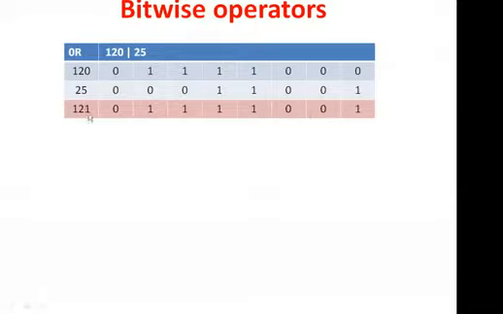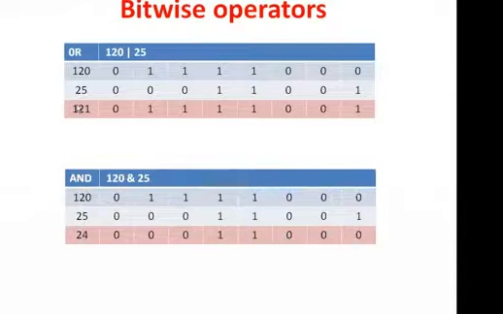So I got the end result as 121. And coming to AND, for the same numbers, I got 24 as the result. You can see that if you find 0 in any place, you can find the end result is going to be 0.